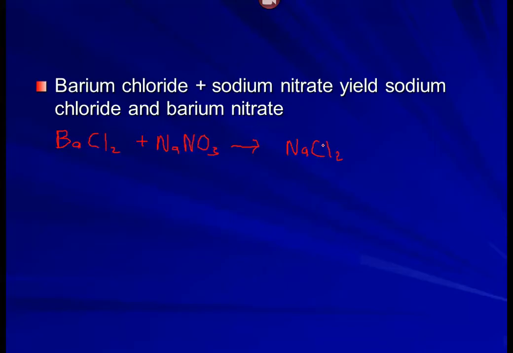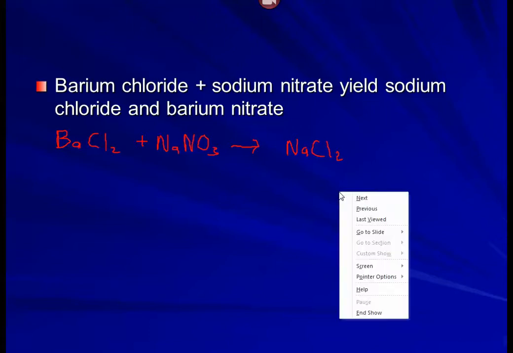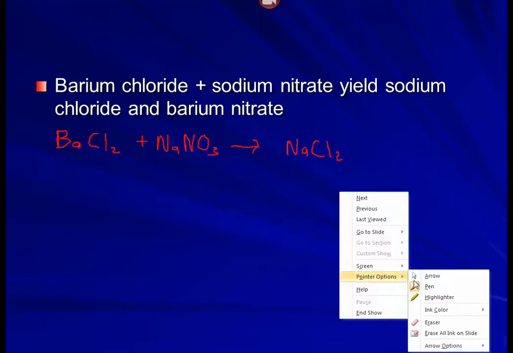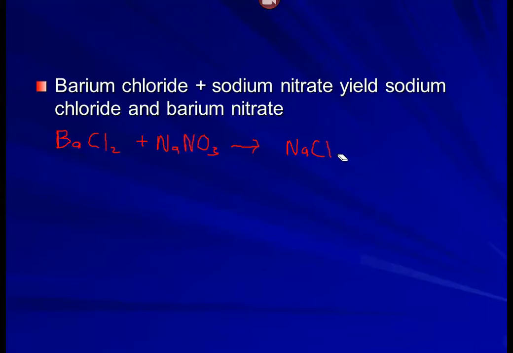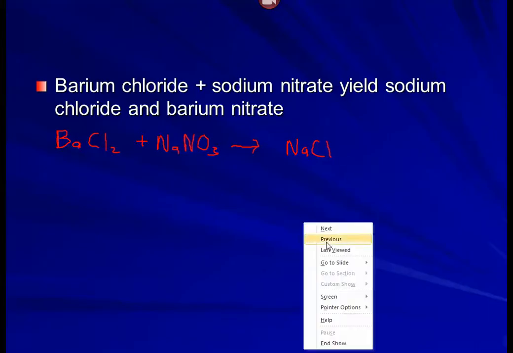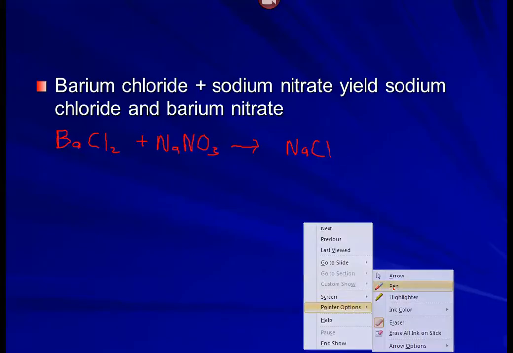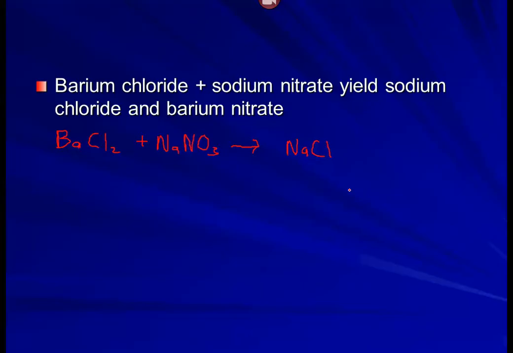Well, that is not correct. The formula for sodium chloride all of a sudden doesn't magically become NaCl2 in this instance. Sodium chloride only has one possible formula. It's NaCl. Sodium's +1, chlorine's -1.